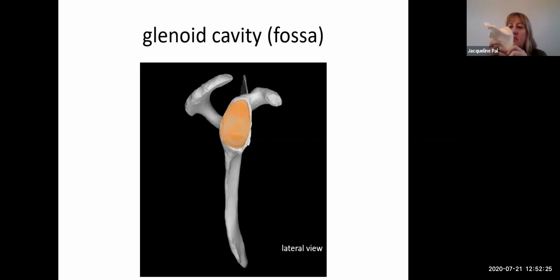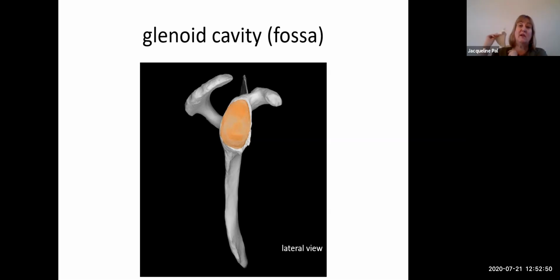So that means that this cannot be here in the center of your chest, but this has to be at the shoulder area. So knowing that this is anterior and this has to be the shoulder area, that tells us that the one I am holding has to be a left scapula.